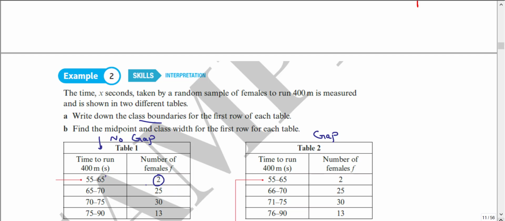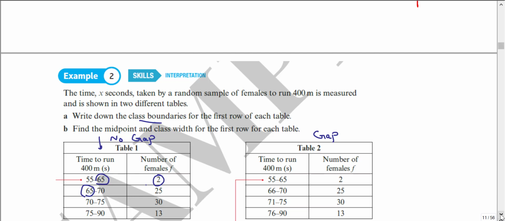So here, this is called the first class or first group. These values are called the boundaries, the class boundaries. Here we have the end of this class is 65, which is the same value as the start of the second class, second group.